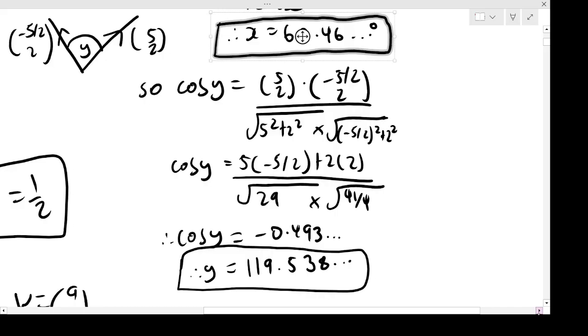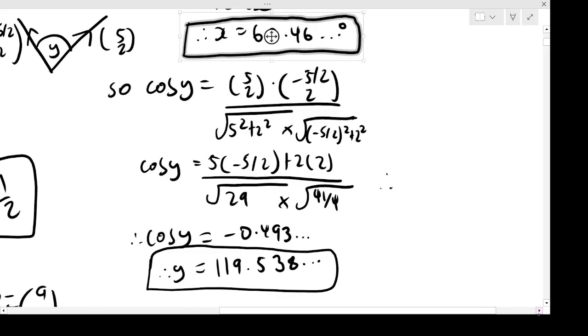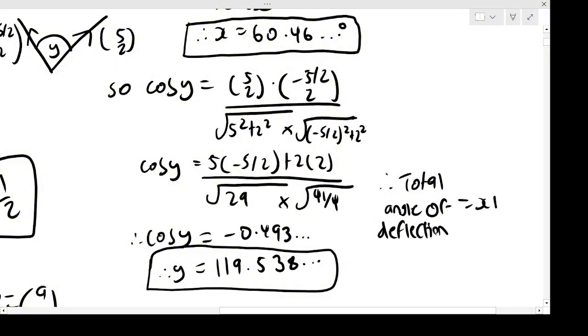Therefore, we can say the total angle deflection is going to be just x add y, so the two individual deflections added together. And so that's going to be this 60.46. And now you can see why I wanted to store my answer. I'm going to reuse my answers here.